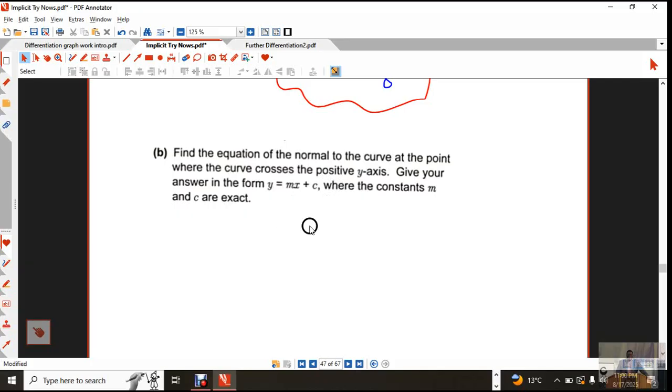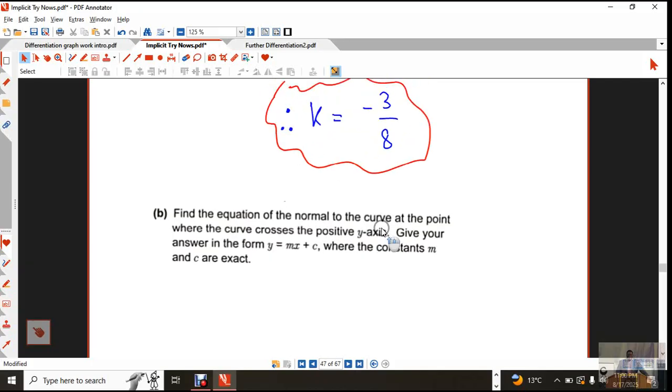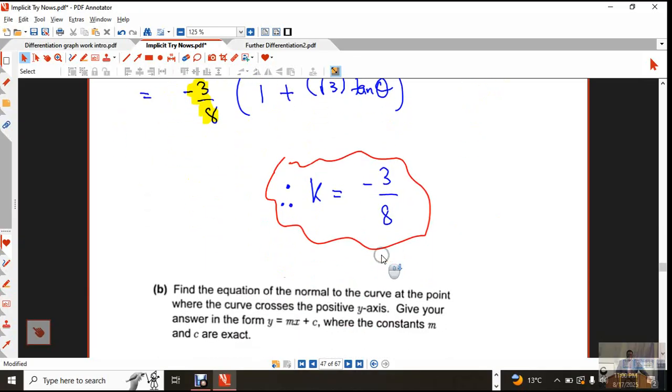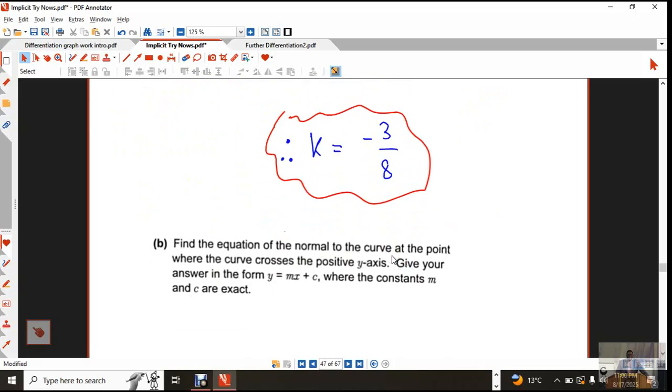If you look at our derivative function, which is what we have over here, it crosses the y-axis at the point where x will be equal to 0. Crosses the y-axis with x equal to 0.